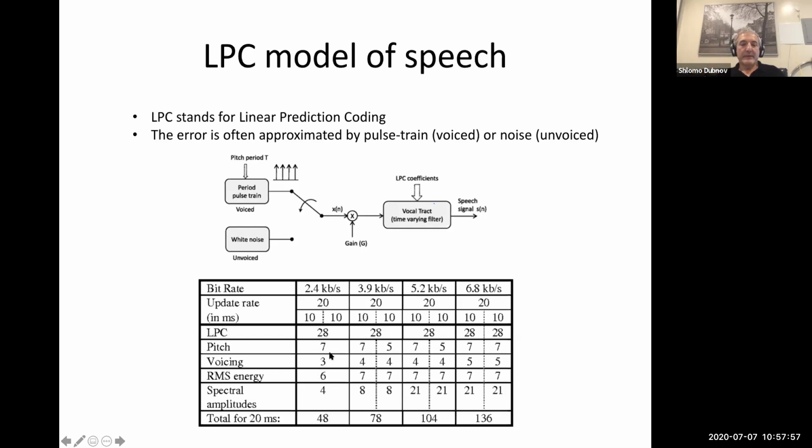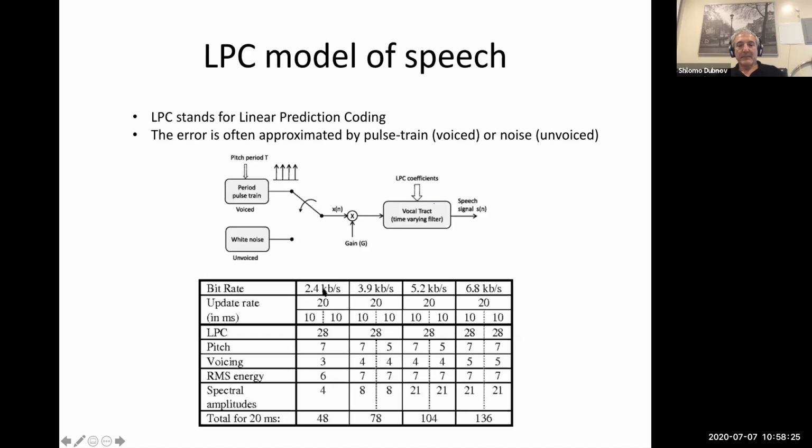We have 3 bits to encode voiced or unvoiced. Why it's not 1 bit, I'll have to remind myself. You have 6 bits to encode the energy, that's the sigma coefficient, and something about spectral amplitudes. So you combine all of that into 48 bits at the rate of 20 milliseconds.